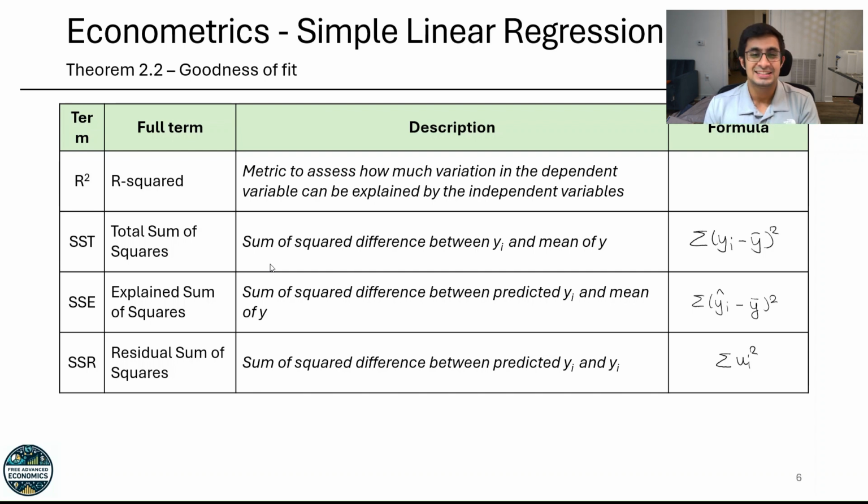The SSE is the explained sum of squares, which is the squared sum of the difference between the predicted y value, or the predicted dependent value, and the mean of the dependent value.